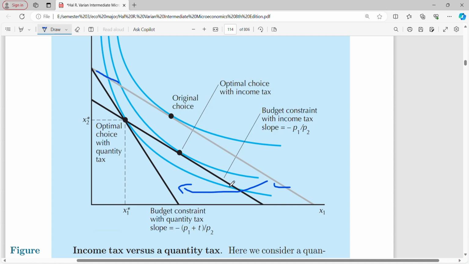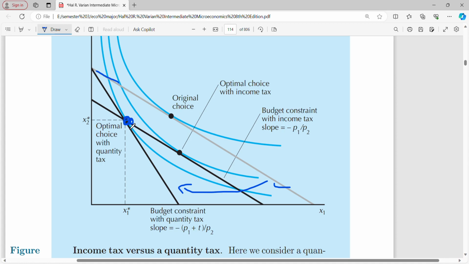Then what happened? The slope became minus P1 plus T by P2. And here we have the bundle at this point.